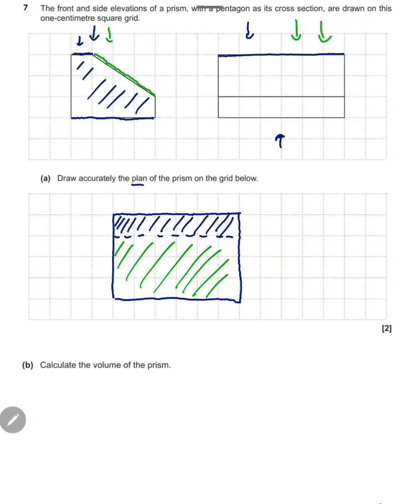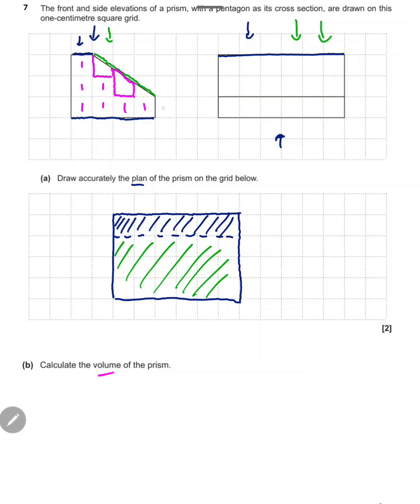Part B says work out the volume of the prism, and there's a reason they told us that this was the cross section. What we need to do is work out the area of this. For volume, I need the area of the cross section. So I've got 1, 2, 3, 4, 5, 6, and then I've got some part squares which should make full squares. Well, I missed that one, 7. If we look at these two here, that makes a full square, so that's 8.